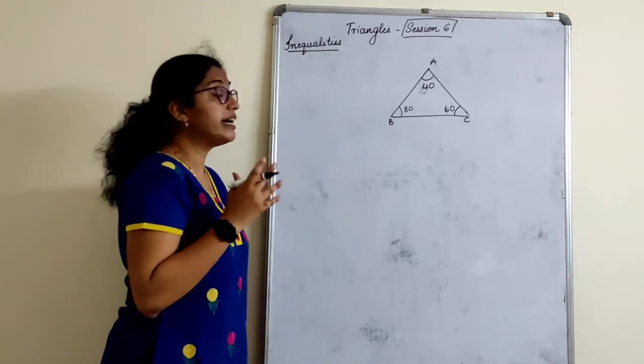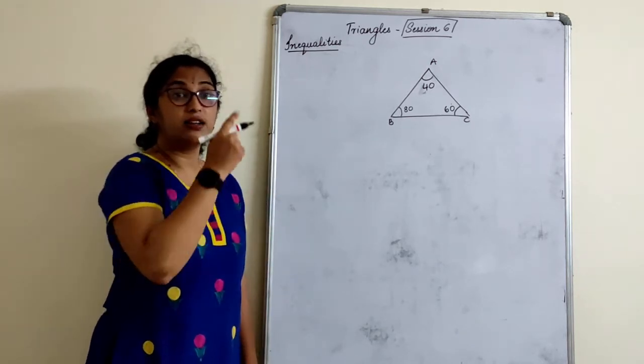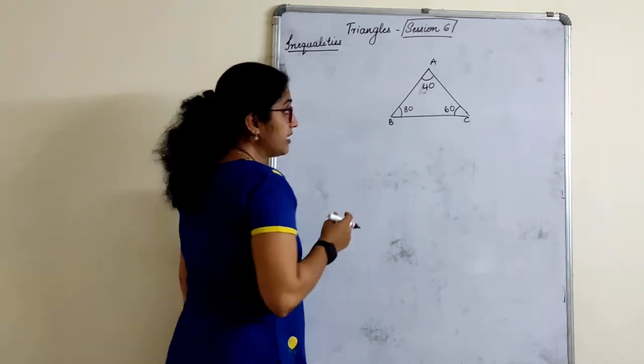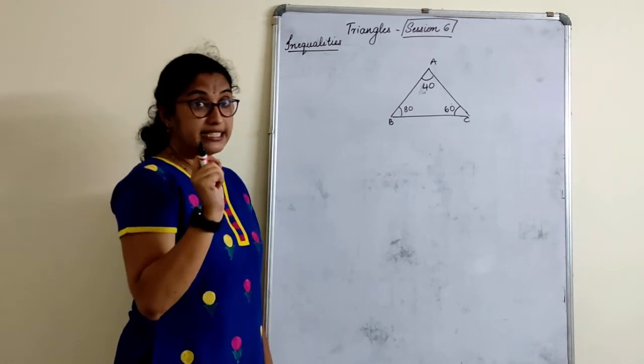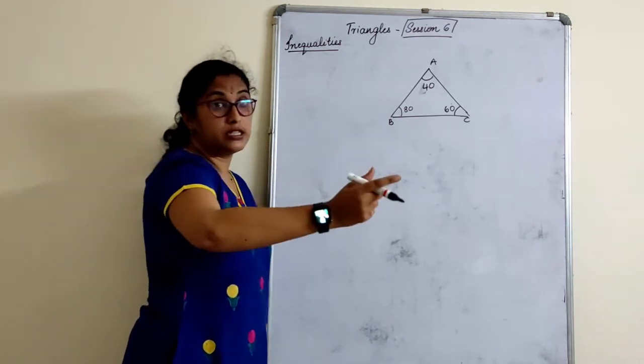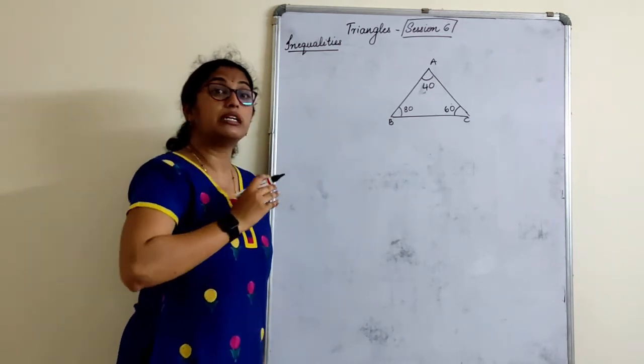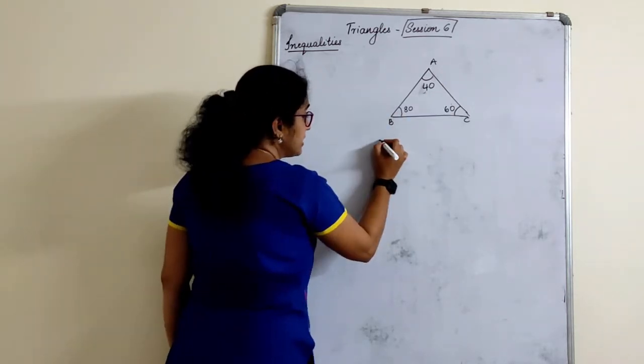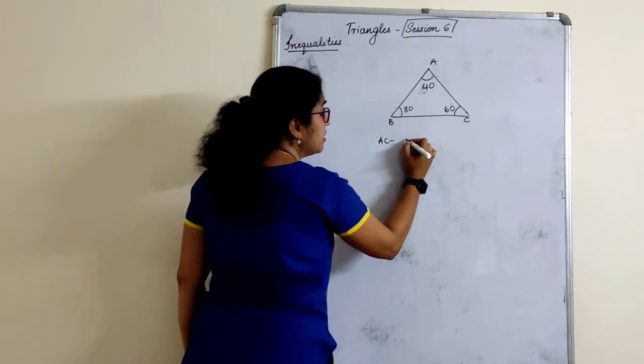Now based on the angles, I can tell which is the longer side in the given triangle. The greatest angle here is 80 degrees. So the side opposite to the greatest angle is the longest side. That means AC is the longest side.